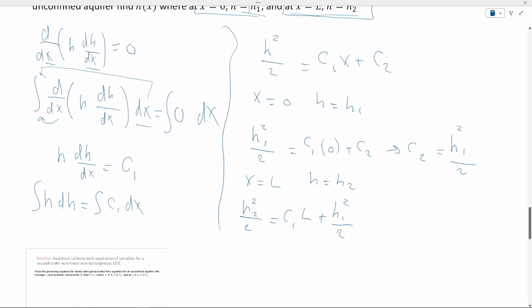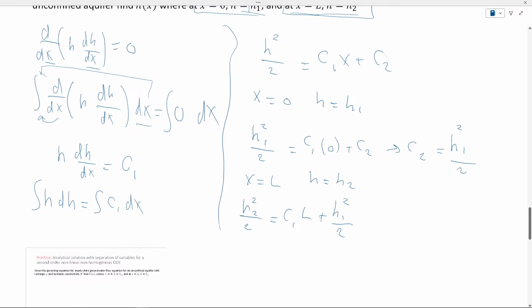So if I do this, then I can solve for c1. That would be equal to 1 over L times h2 squared over 2 minus h1 squared over 2. Yeah. So I have c1 and I have c2, and I just substitute them here in this equation.